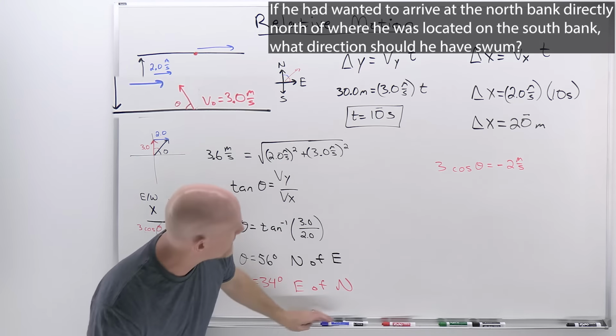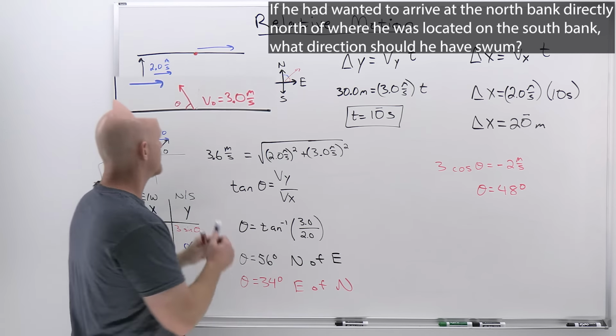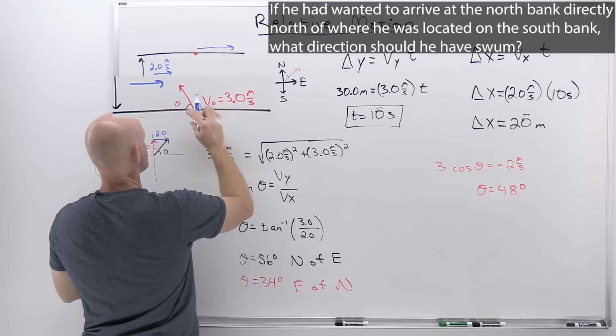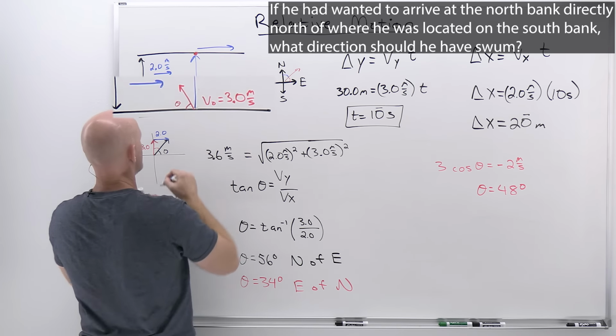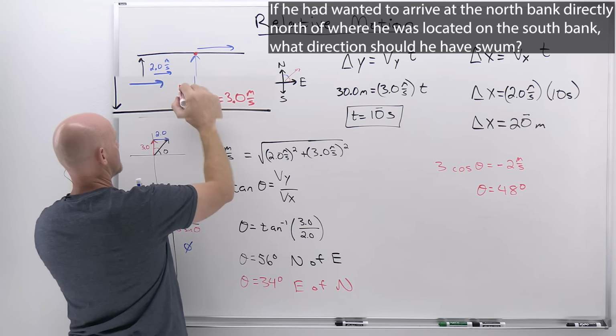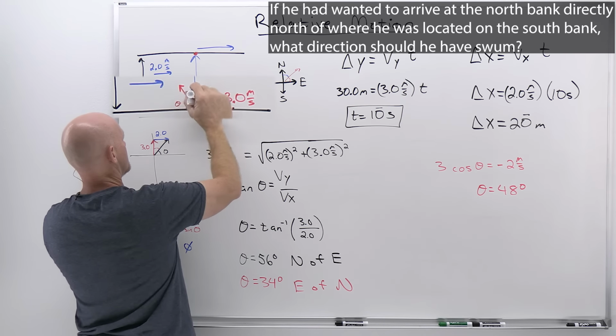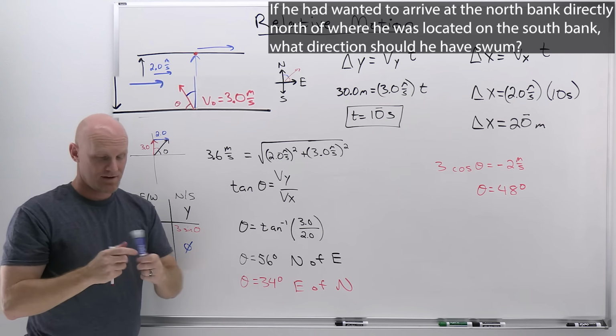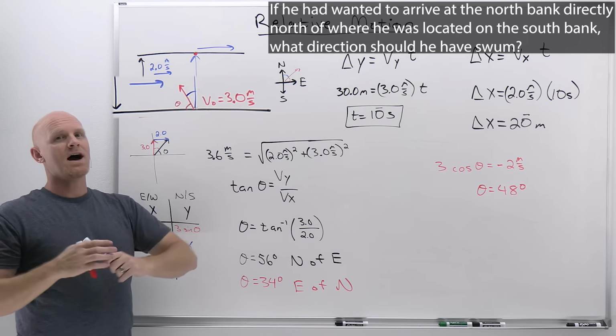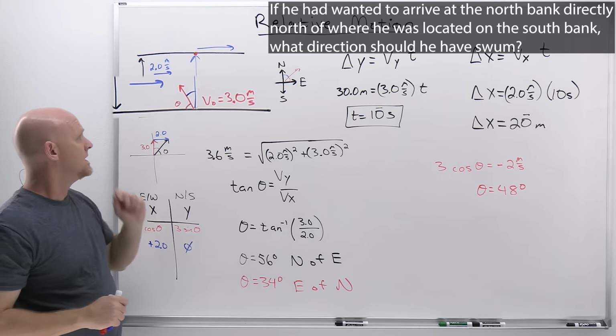But again, we've got to define that angle a little bit better here in terms of north, south, east, west. Well, the angle we got here is this one right here. But again, because its overall motion is going to be perfectly vertical, we might be asked for this angle right here instead. Again, if it's a multiple choice question, they get to decide how they want that defined. Well, the angle we found is relative to west, and it's north of west.